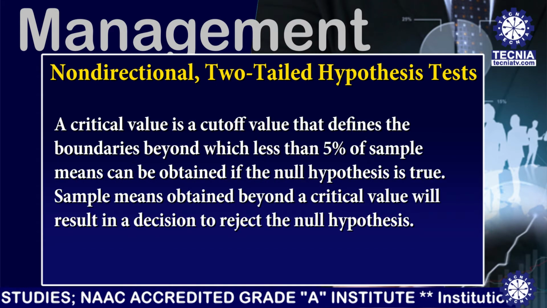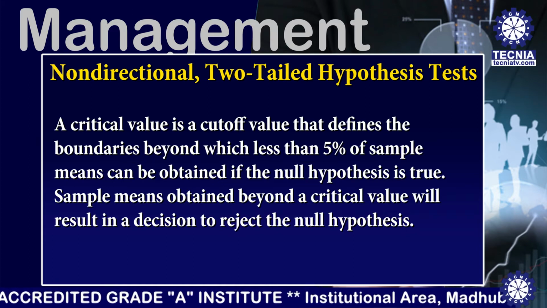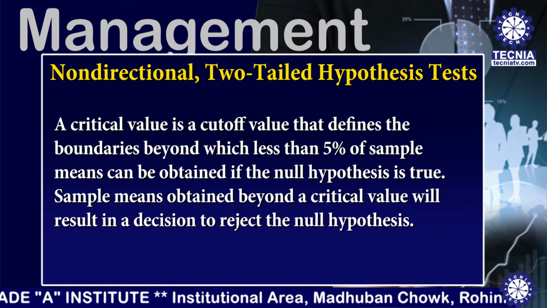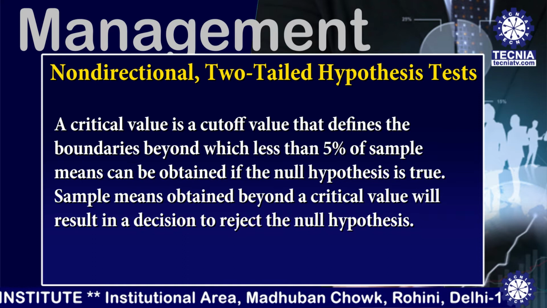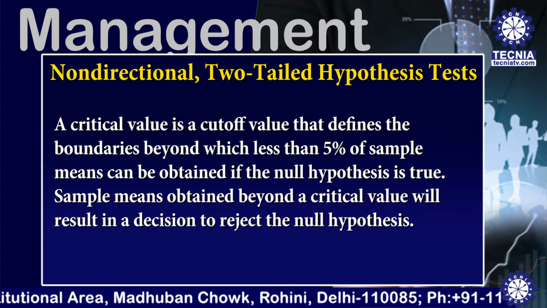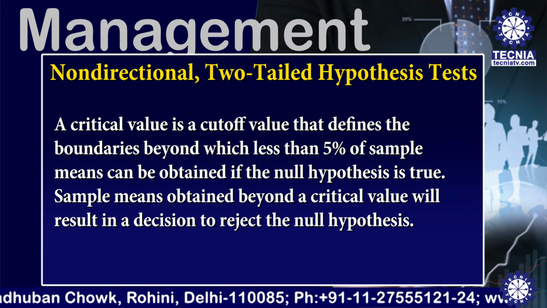A critical value is a cutoff value that defines the boundaries beyond which less than 5% of sample means can be obtained if the null hypothesis is true. Sample means obtained beyond a critical value will result in a decision to reject the null hypothesis.